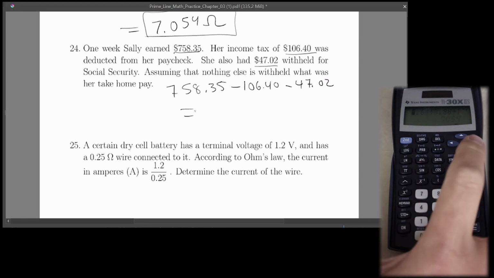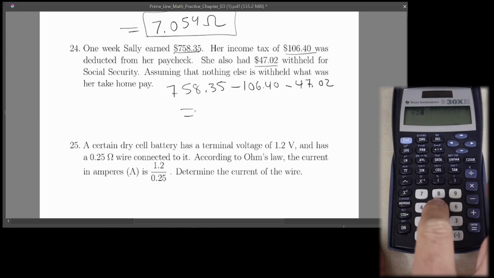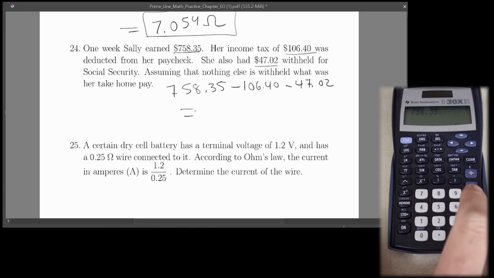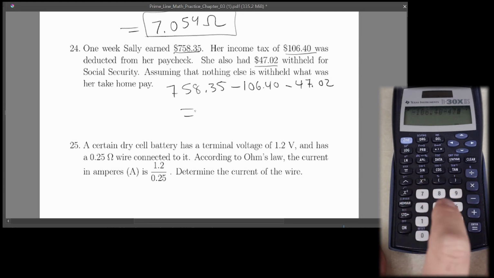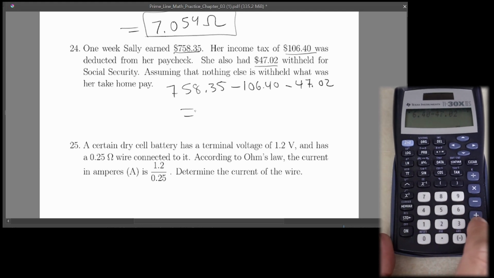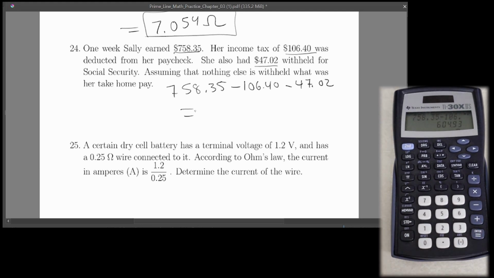So with this subtraction problem, 758.35 minus 106.40 minus 47.02, we get our grand total of $604.93.